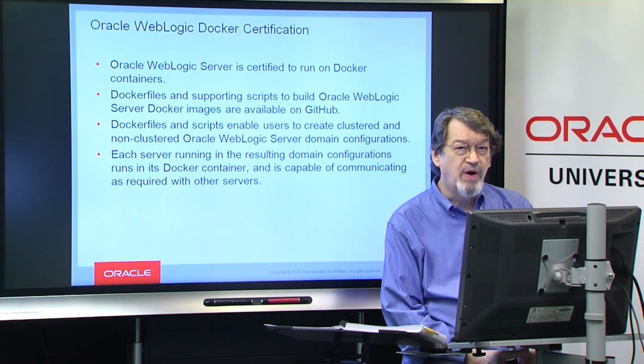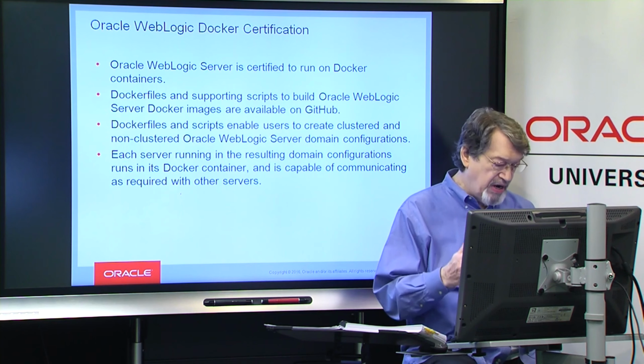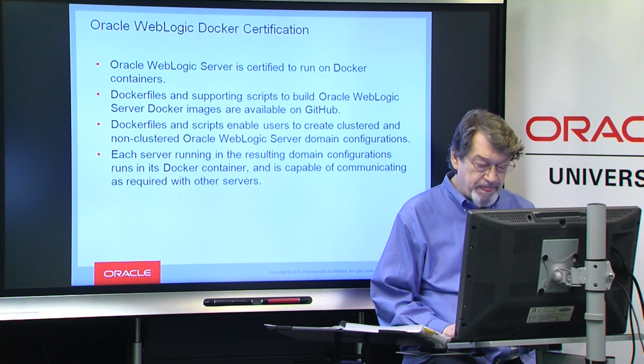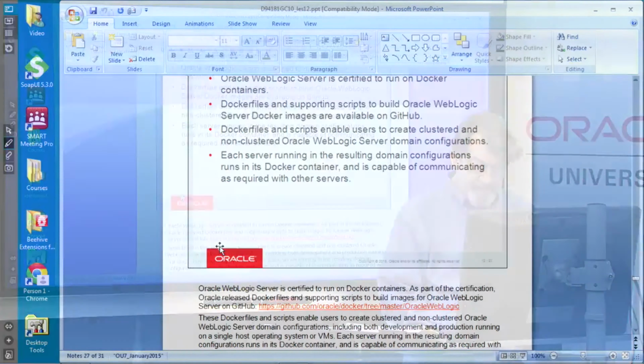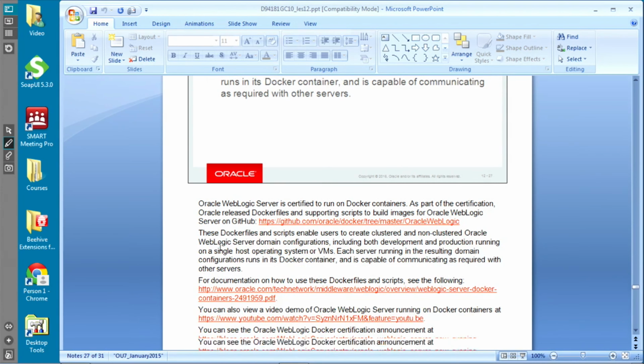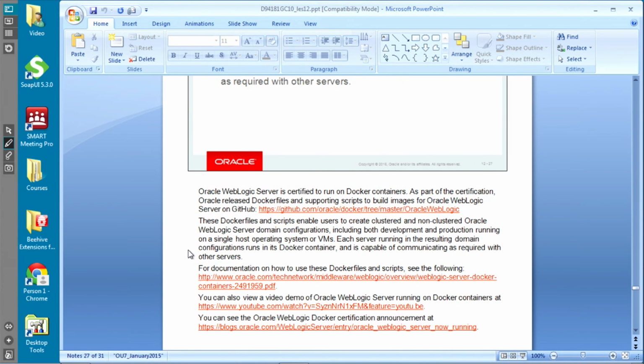I need to give you some URLs, all right? And those URLs are embedded in the bottom of the page. They show up here in your PDFs as you download them. They too should be read, all right? So here's GitHub, then Tech Network, middleware, WebLogic, and the WebLogic server Docker containers PDF. There's a YouTube video.